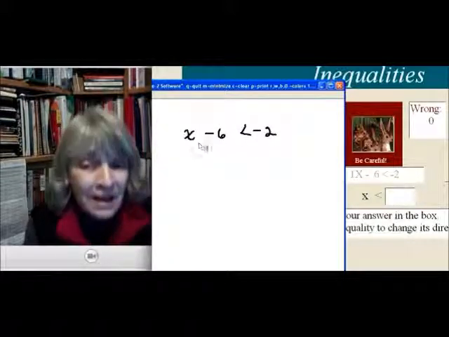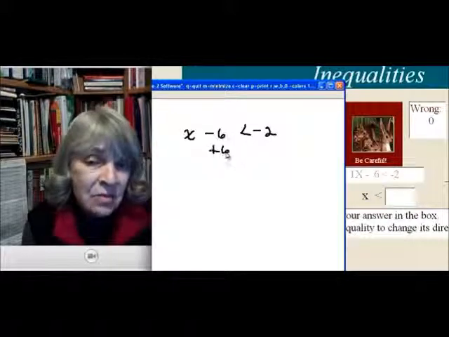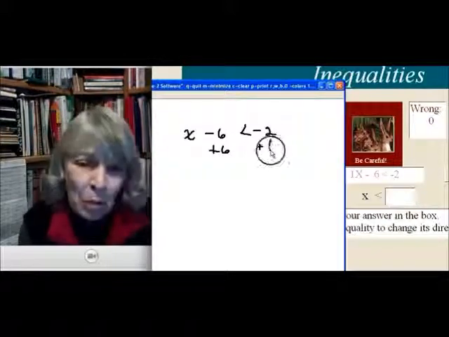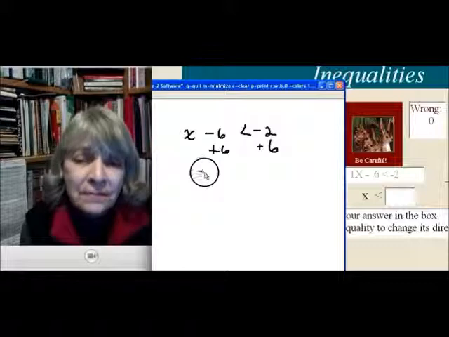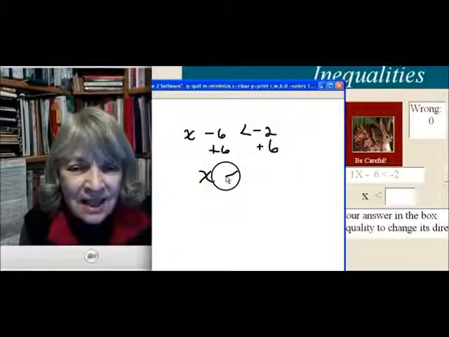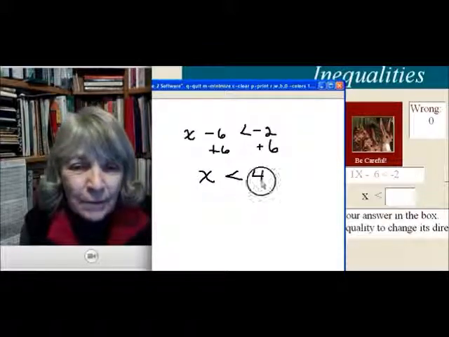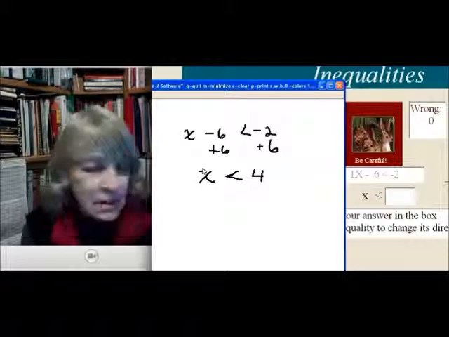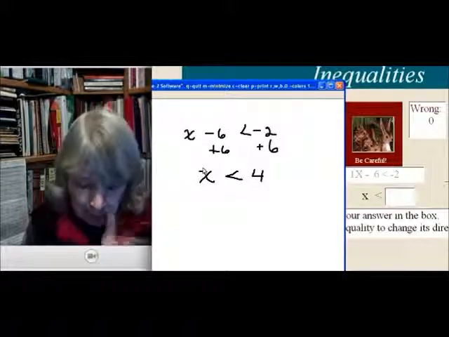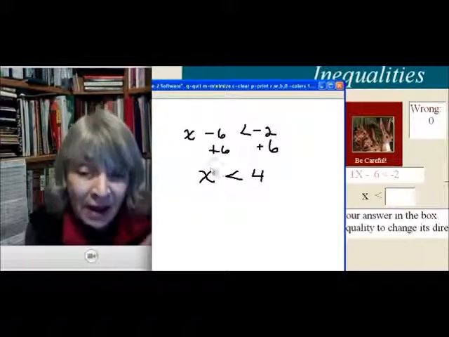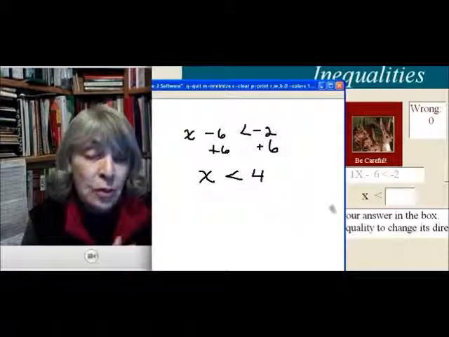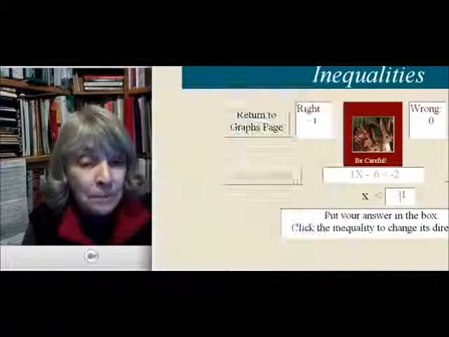I want to get the x by itself, so I'll add 6 to both sides. It's almost boring. X is less than 4. No switcheroo, because I didn't multiply or divide by a negative. So I have x is less than 4.